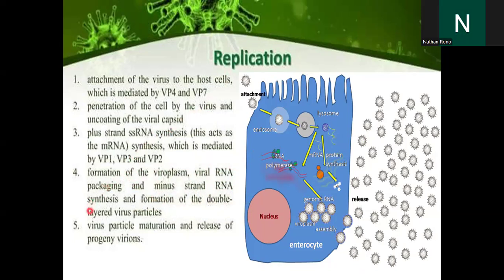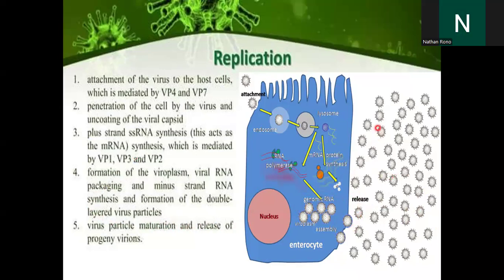Then we have virus particle maturation and release of progeny virions. So after the process of mRNA protein synthesis, where the single-stranded RNA is synthesized, viral plasm has been made, then it is released.